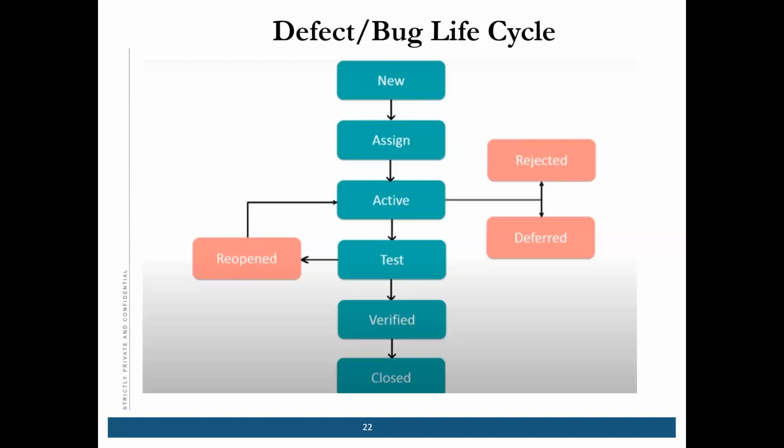When you are doing your testing, either manual test case testing or automation, if your test case is failing, meaning your actual result is not matching your expected result, then you have to link a defect with that particular failed test case.